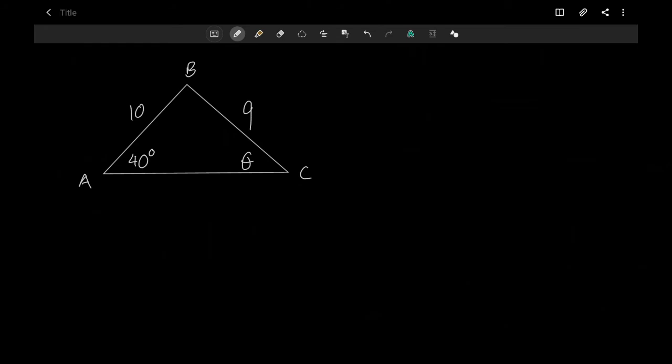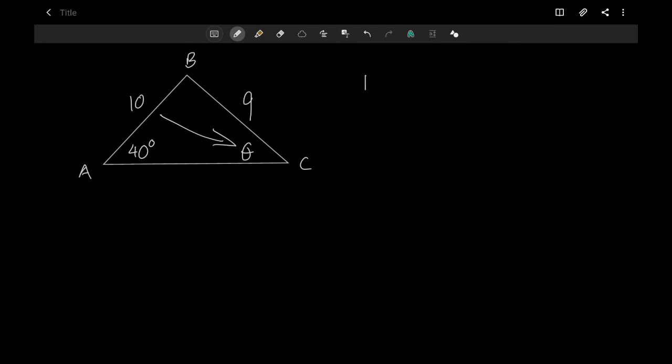In this example, we've been given two sides and one angle, and we've been asked to calculate the other angle. So again, let's write down what we know about the sine rule. We know that 10 over sine theta is equal to 9 over sine 40.